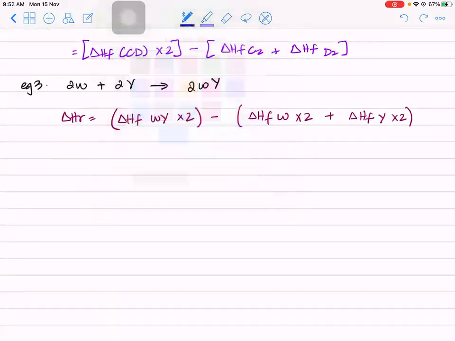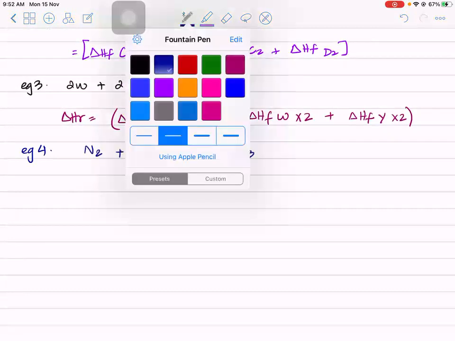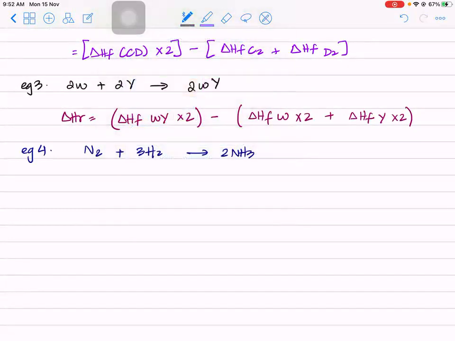Let's see another example. If you have N2 plus 3H2 giving 2NH3. So if you want to find the delta H using formation, what will we say?